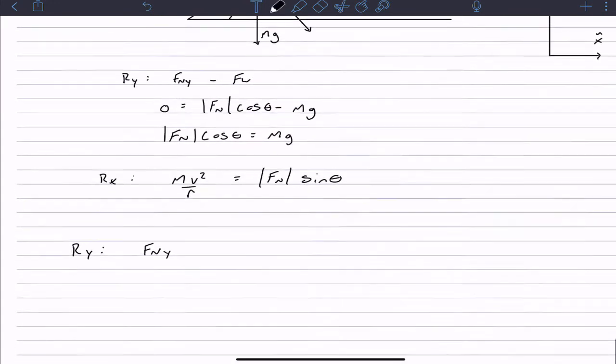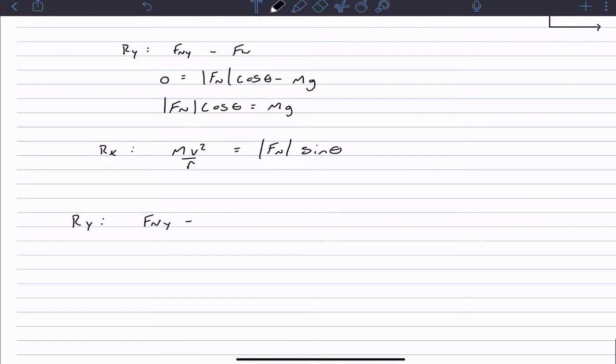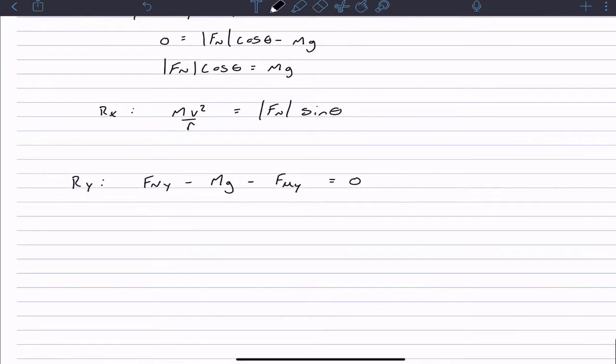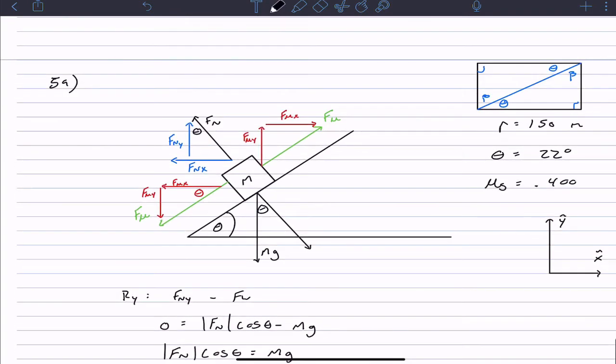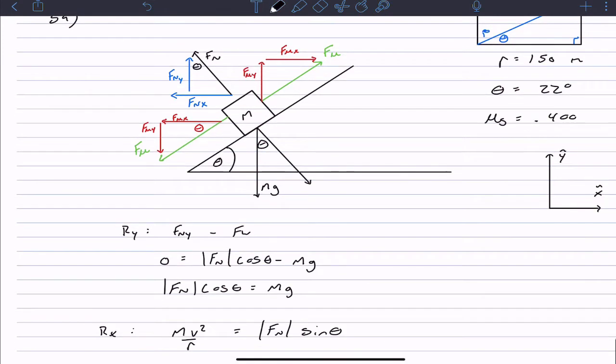So let's go here. Now we have this minus the weight force. We'll just call this mg right away. Minus mg minus F mu y. And again, this thing is not jumping off of the bank or breaking through it, so it's all equal to 0. So we're in equilibrium in the y direction. Okay?